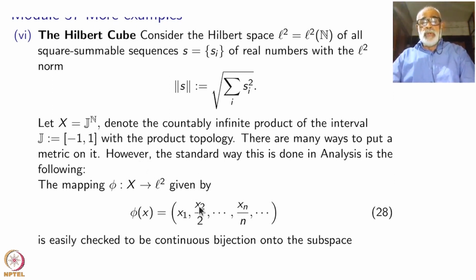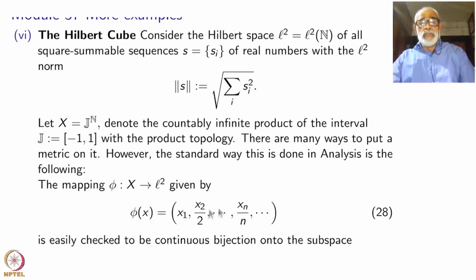We will send it to x1, the second coordinate x2 will be divided by 2, the third coordinate will be divided by 3, and so on. The nth coordinate will be divided by n. So this is an arbitrary sequence of real numbers between -1 and +1, and this is another sequence.